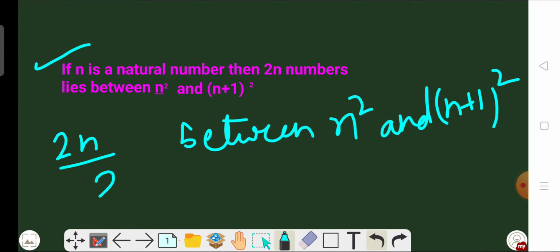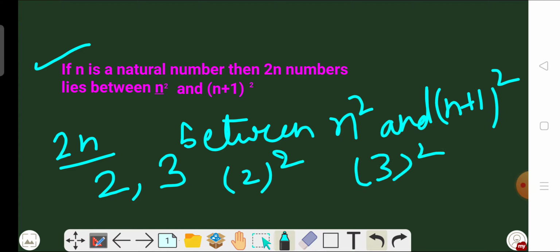For example, 2 is a natural number and 3 is also a natural number. If we have to find how many numbers lie between 2 square and 3 square, then what do we have to do? We have to take twice the smaller number, that is n. 2 into 2 is 4.